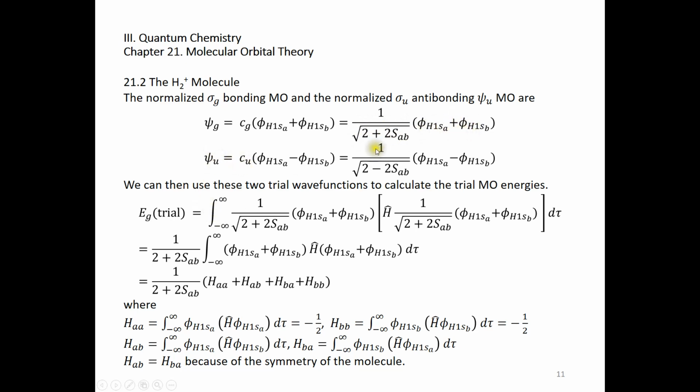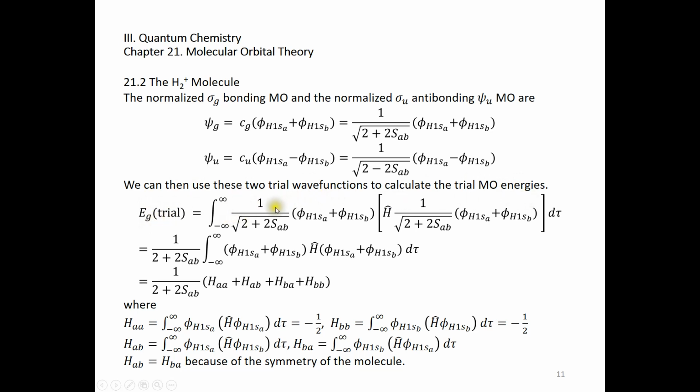The antibonding orbital is 1 over the square root of 2 minus 2 S_AB, the overlap integral over here, times the difference between the two atomic orbitals. We can use these two trial wave functions to calculate the trial molecular orbital energy. So first, let's look at the trial energy of the bonding orbital with the g symmetry, or gerade symmetry.